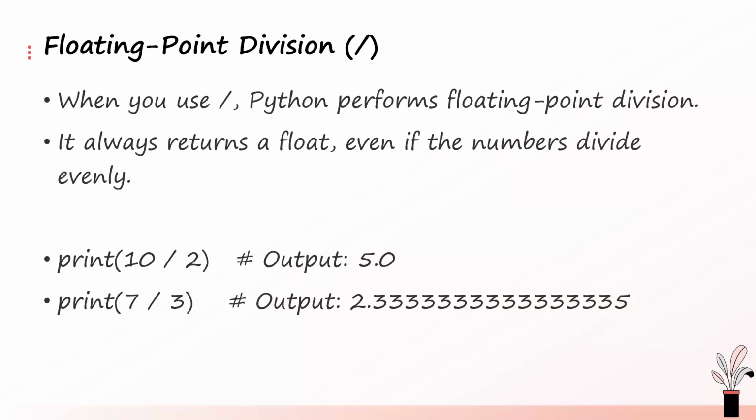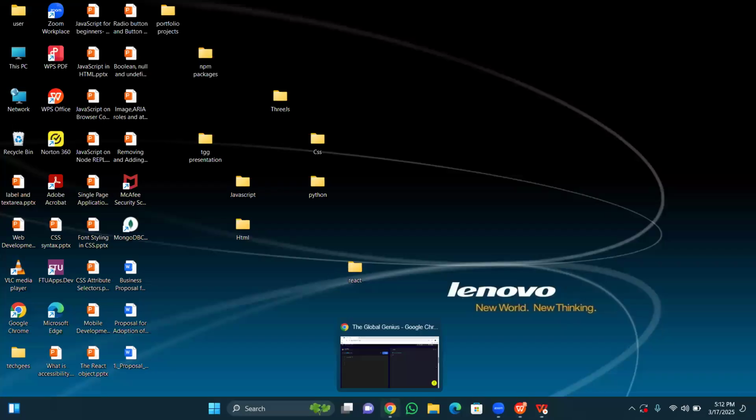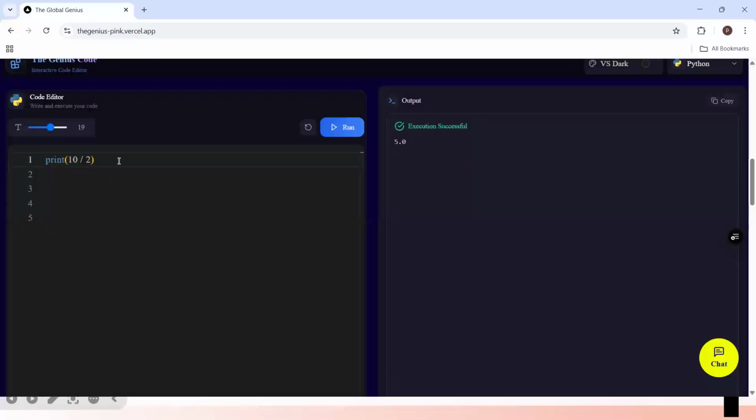If you print 7 divided by 3, it's going to give you a very long precision. So when you're working with division in Python, you have to be very careful.